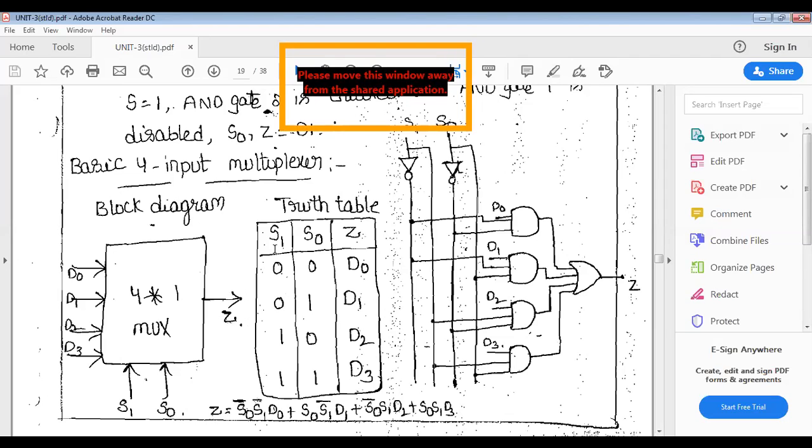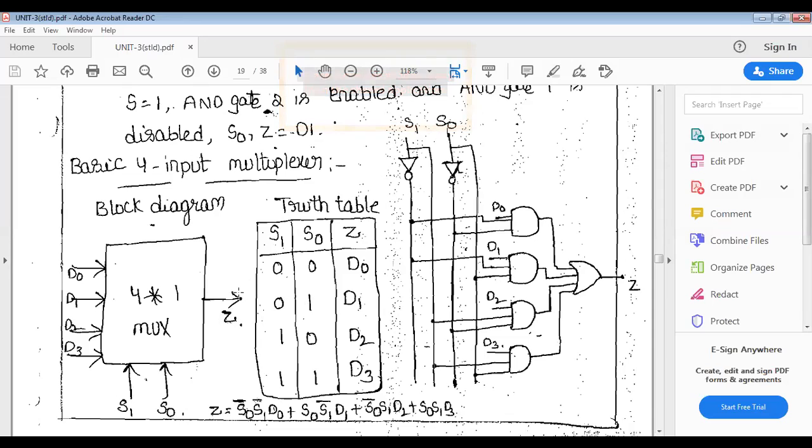The second option is S1 equal to 0 and S0 equal to 1, the binary equivalent of decimal 1. When I select S0 as 1 and S1 as 0, D1 will get to the output side.